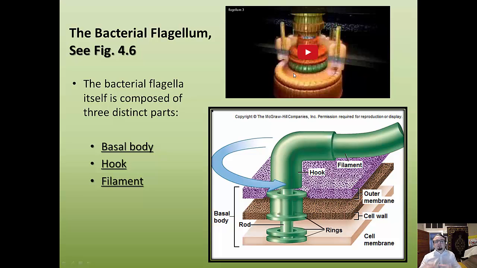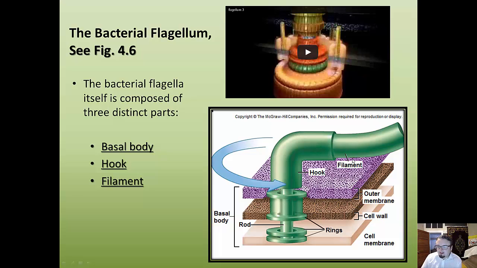in terms of the relative complexity, this is a relatively simple way in which a group of molecules work together to provide motility. So real quick, there's three major components. You have what's called the filament, which is really the major component that you think of, which is the tail itself. And that's really what we were drawing there, how the filaments extend out.